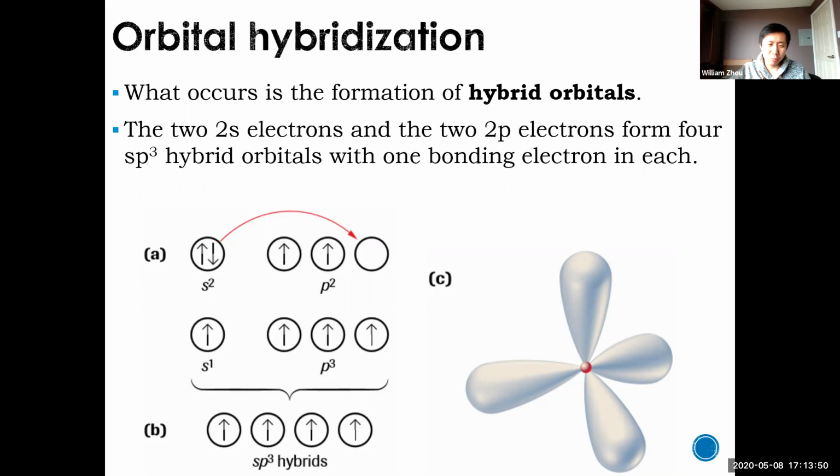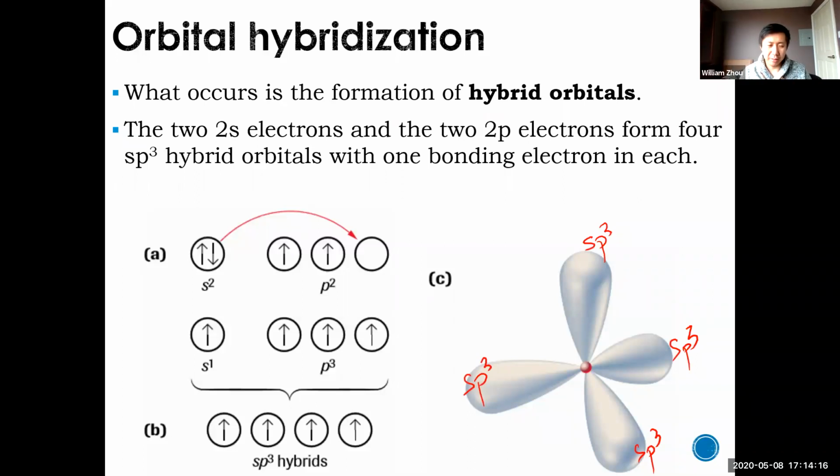One lobe is one orbital. So you have 4 orbitals in that picture. And these 4 orbitals are sp3 hybrid orbitals. So I'm going to label these. This orbital is sp3. This one is sp3. That one is sp3. And obviously the last one is also sp3.